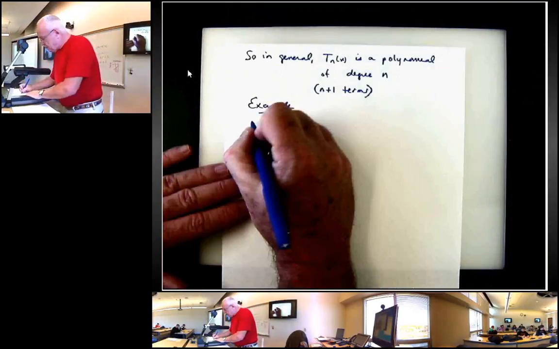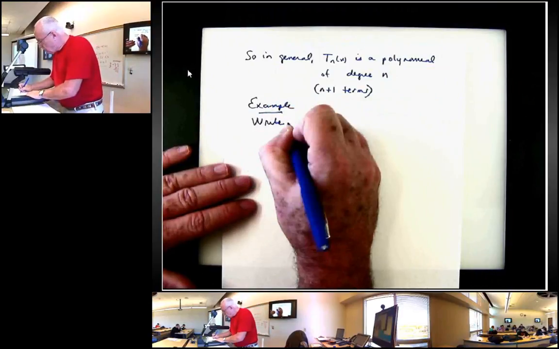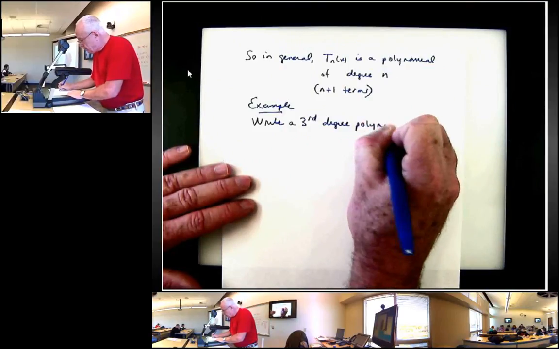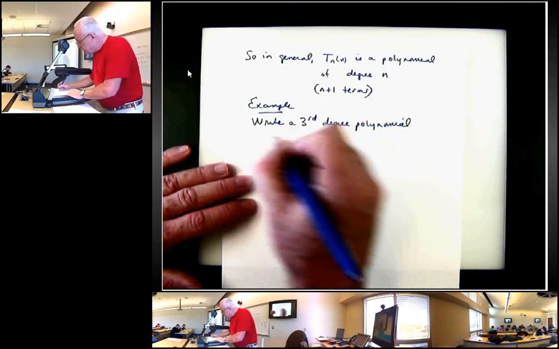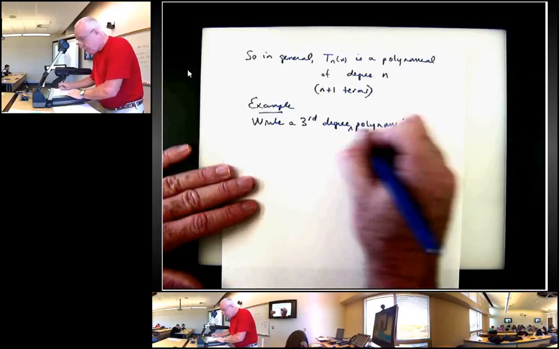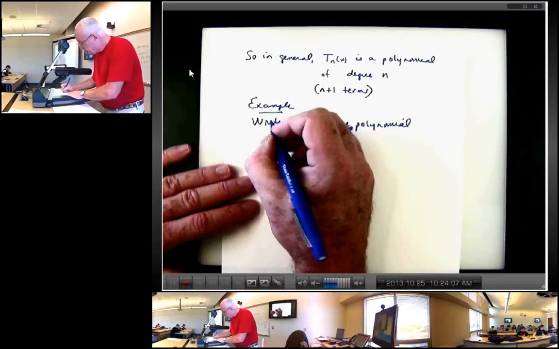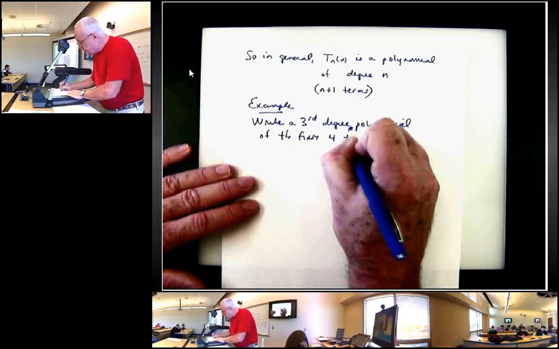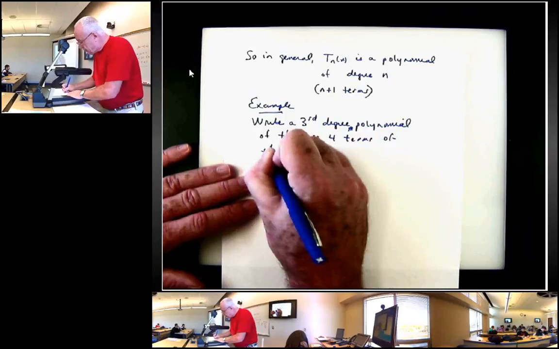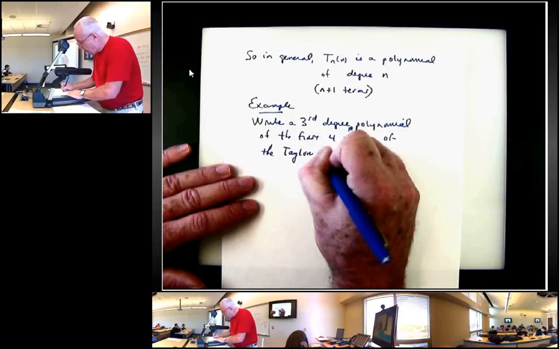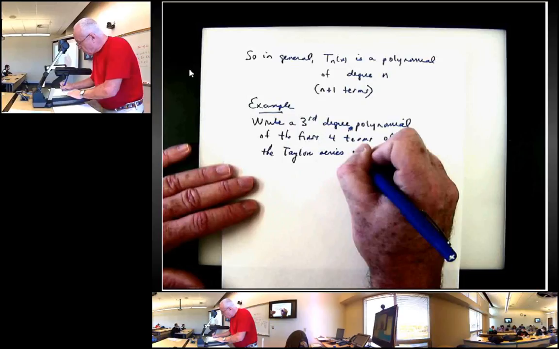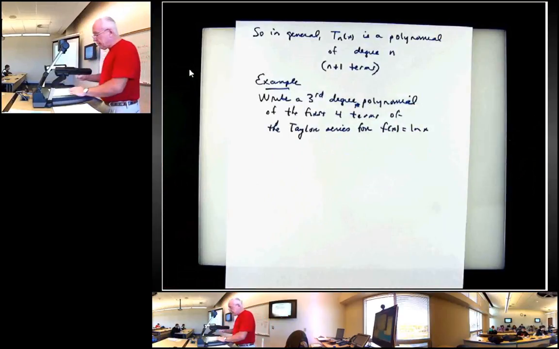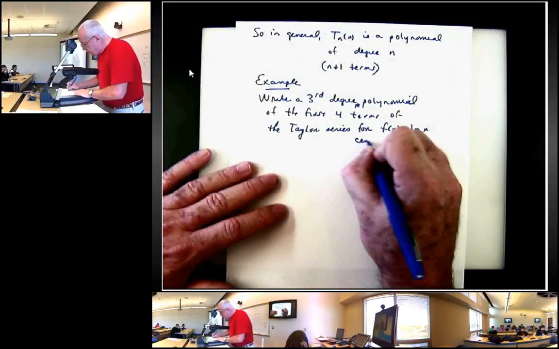Write a 3rd degree polynomial of the first 4 terms of the Taylor series for f of x equal to the natural log of x and it's going to be centered about 2.